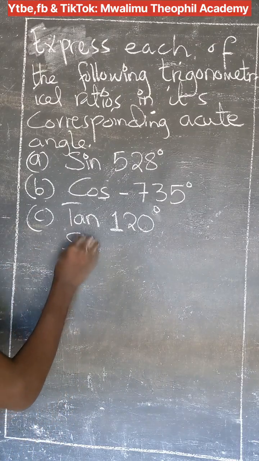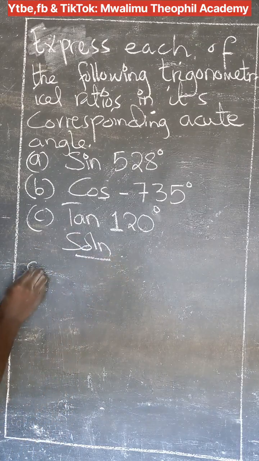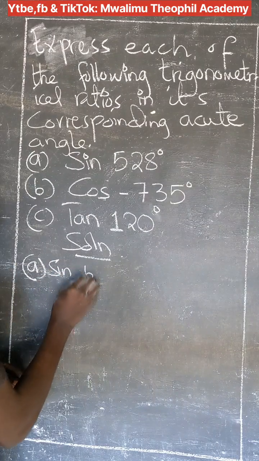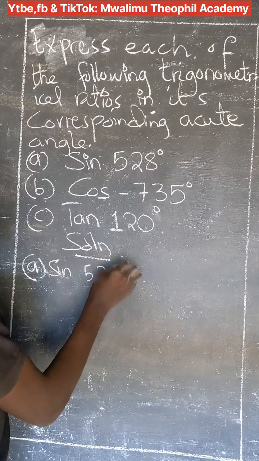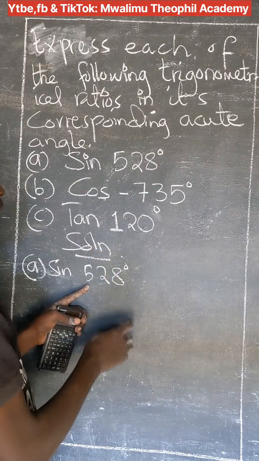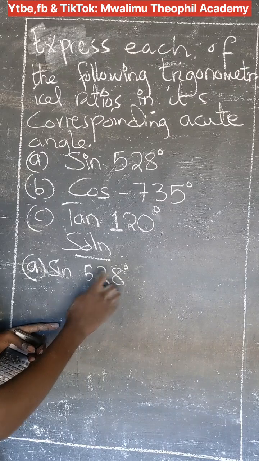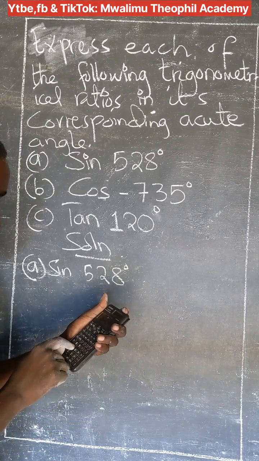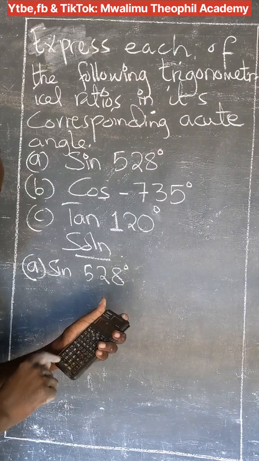A. Solution. We have sine of 528 degrees. Now, how many full turns are within this? We may take 528 divided by 360.